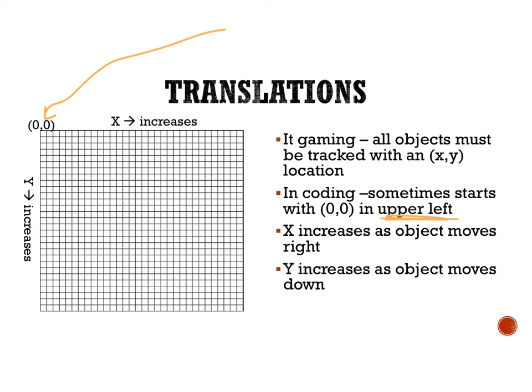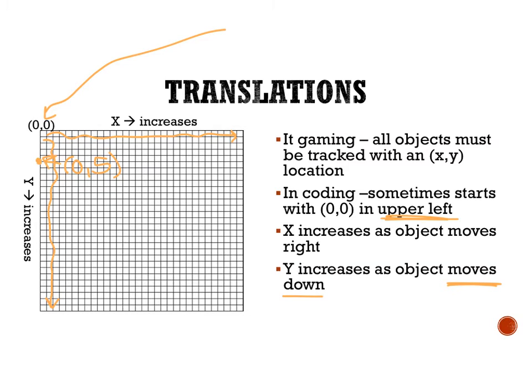So a lot of times in programming, 0, 0 will be that upper left-hand corner. And then what will happen is x will increase as you go to the right, and y will increase as you go down, which generally is backwards from what you think. So this point right here, 1, 2, 3, 4, 5, this point here is 0 for x and +5 for y.